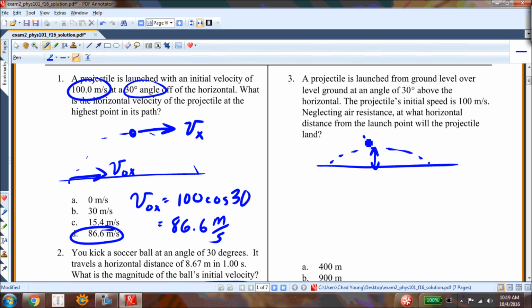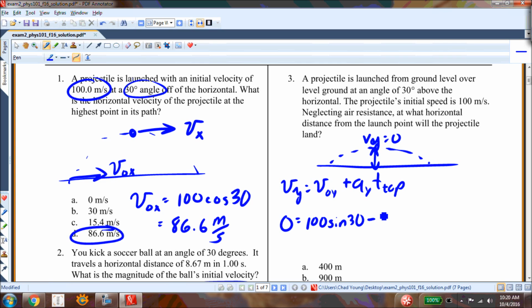I'll find it by saying that Vy at the top is equal to 0. And so Vy equals V naught y plus ay t. I'll call this t top. So that's 0 equals 100 sine of 30 minus 10 times t top. So let's see, this is t equals 5 seconds.